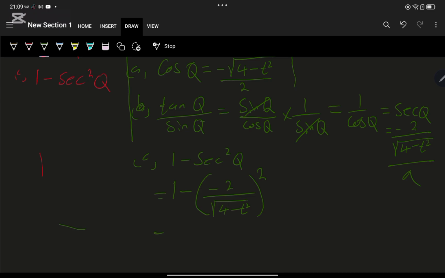So this will be 1 minus this bracket squared. This gives us 4 over 4 minus t squared. Now this will simplify to 4 minus t squared minus 4 all over 4 minus t squared. Now this and that is 0. We are left with negative t squared over 4 minus t squared. And this is the final answer.